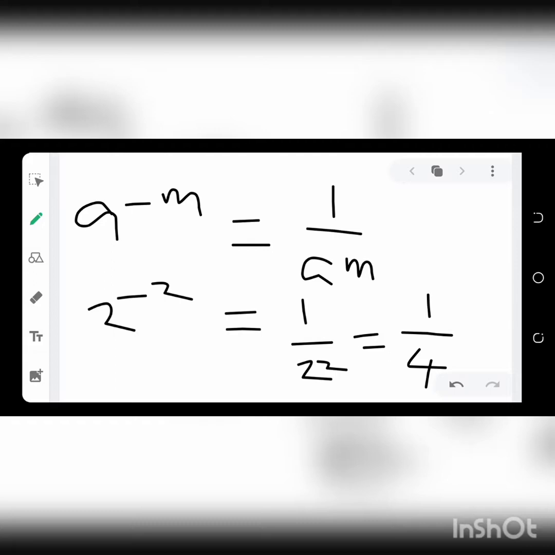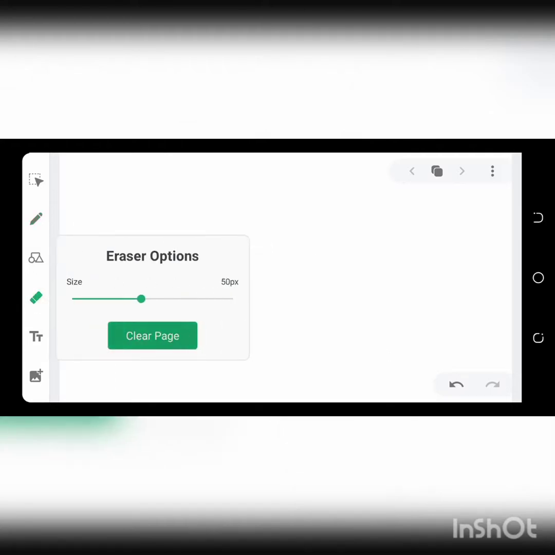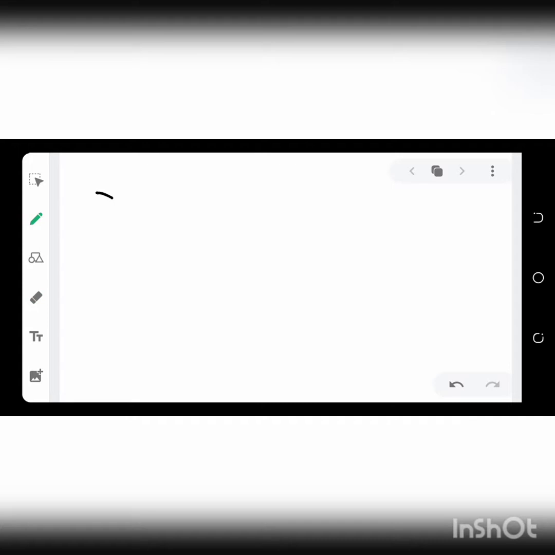Then the next is the multiplication law. For the multiplication law and division law, when I have something like a raised to power m times a raised to power n, it simply means that for multiplication, when you have two bases multiplying each other and the bases are the same, you simply add the powers.